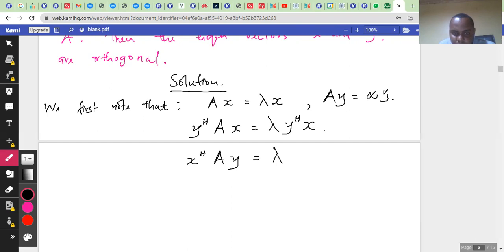This will be equal to alpha x^H y, not lambda, but alpha.